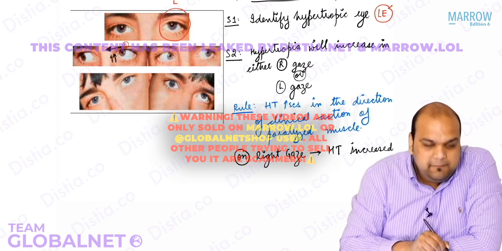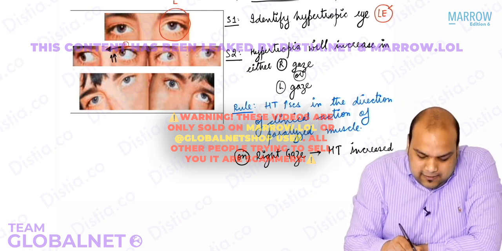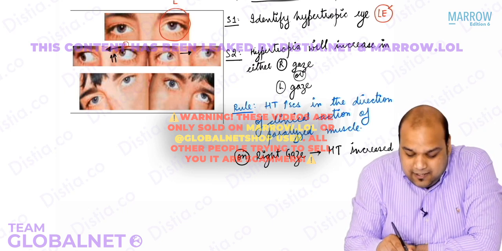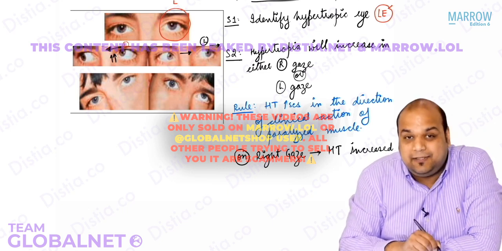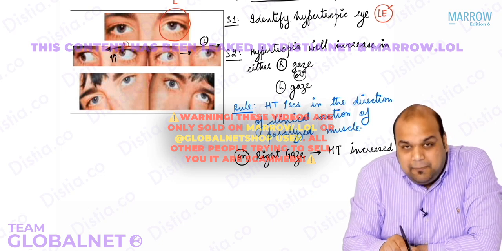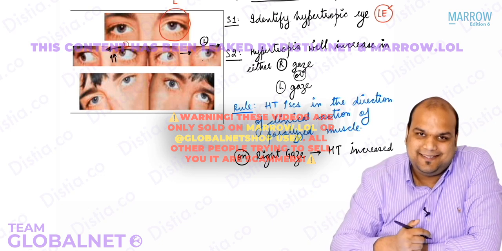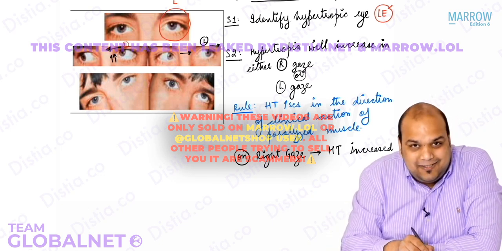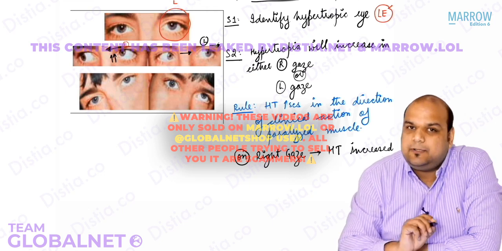For that matter, notice the other image, everybody. In the other image, both the eyes are looking towards which side? Left side. So the left eye is performing which direction of action? Abduction. So when the left eye is in abduction, it is straight abduction. There is no elevation that you can see. Are we clear? Along with the adduction, the hypertropia is increased, but along with the abduction, hypertropia does not increase.